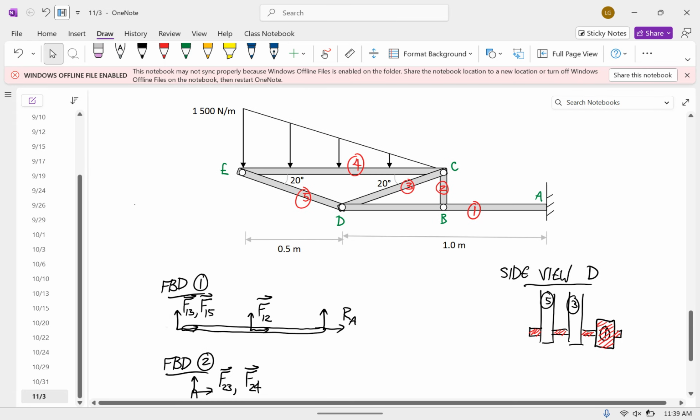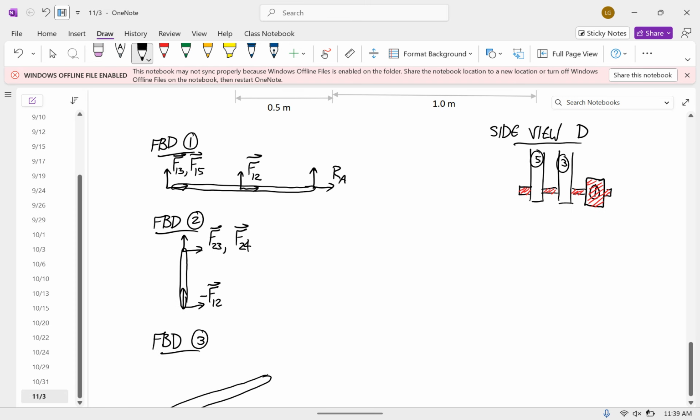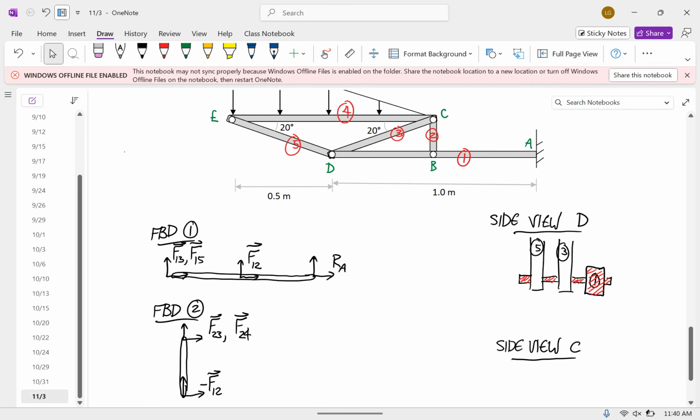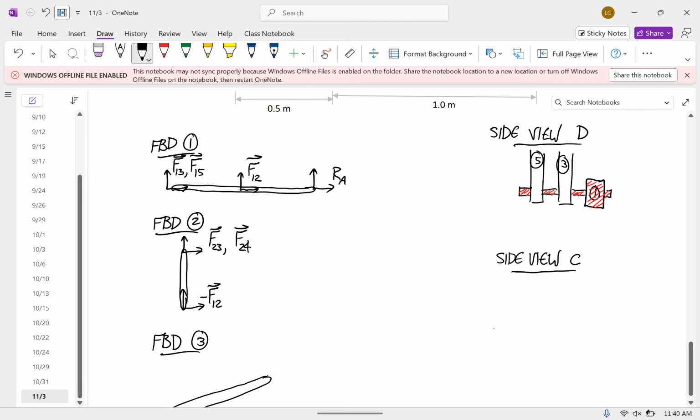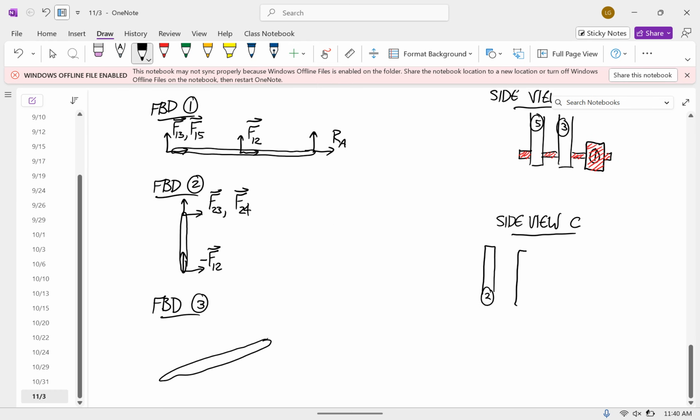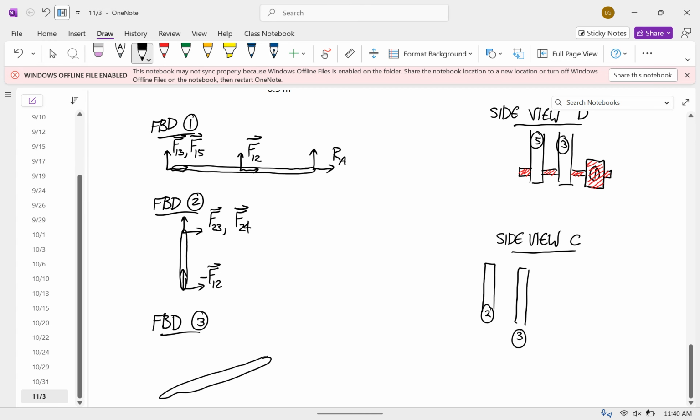Okay, so let's do a side view of C. So we would have member 2, member 3, and member 4. They're all connected by a single pin.